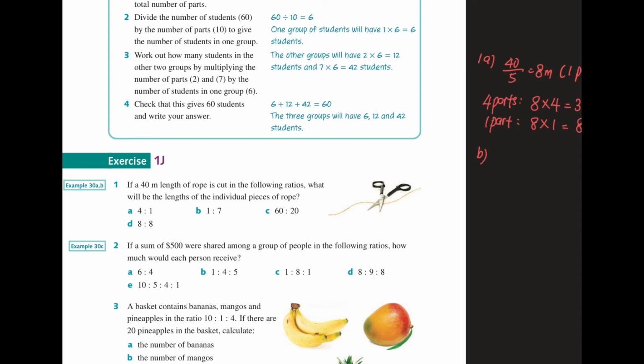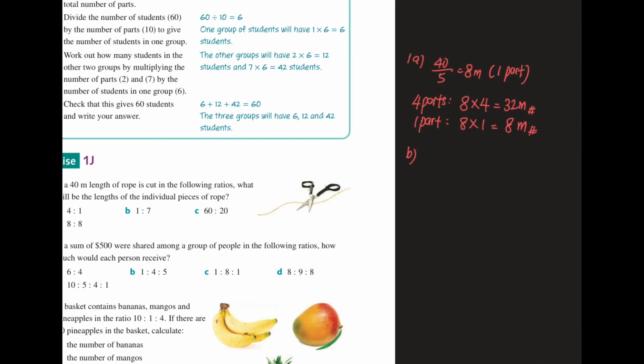Okay, so for B we have a ratio of 1 to 7. So altogether there are 8 parts because 1 plus 7 is equal to 8. So we take the 40 divide by 8 parts so that we can find out how long is one part. So one part is 5 meter. So now we have one part which is 5 meter times 1.